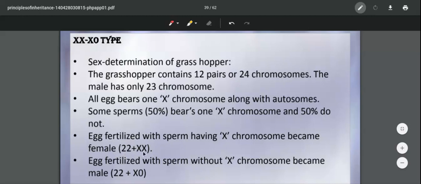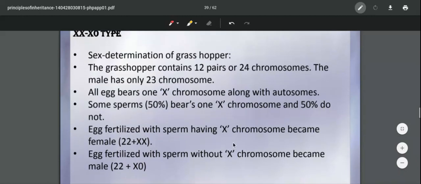And we said that a female has 24 chromosomes. Whereas if an egg fuses with a sperm which does not contain the X chromosome, then that offspring will turn out to be a male, because you are getting 22 autosomes plus X from the egg, but you are not receiving any chromosome from the sperm. This sperm is without an X chromosome.